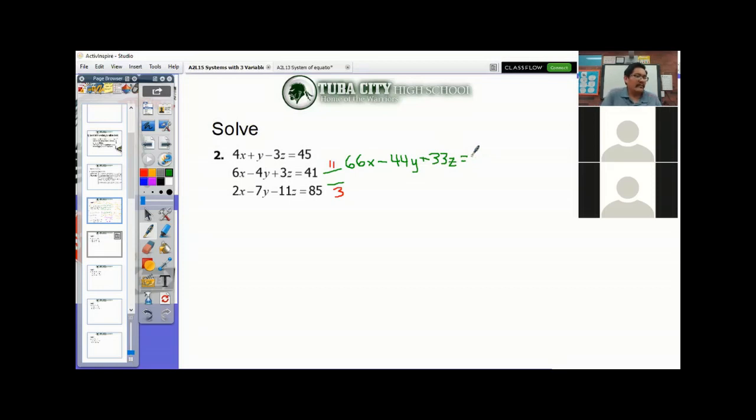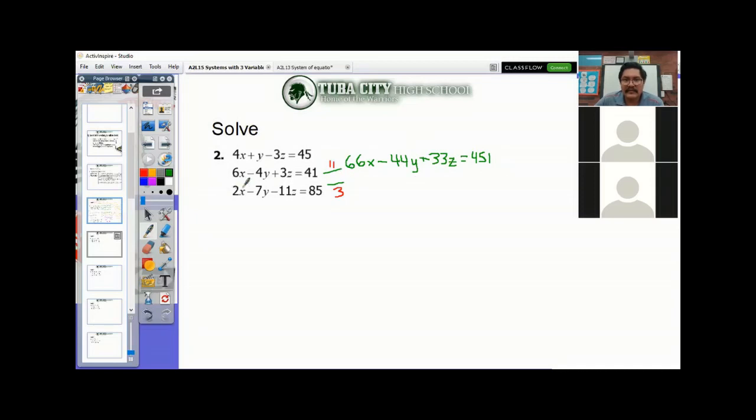Let's see, 41 times 11 is 451. Okay, there we go. And double check it, make sure we multiplied everything by 11, make sure we didn't switch any signs, leave out a negative or turn a positive into a negative or anything like that.